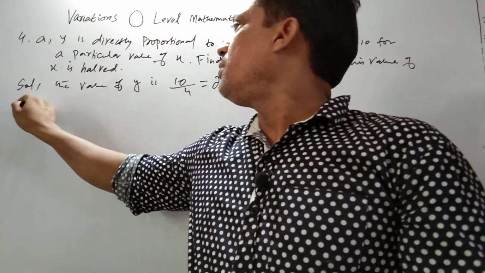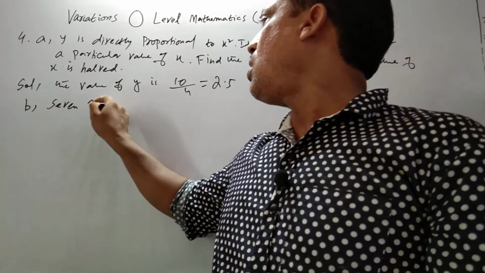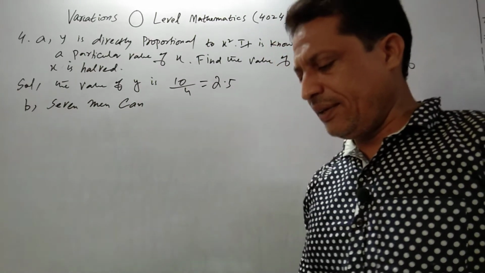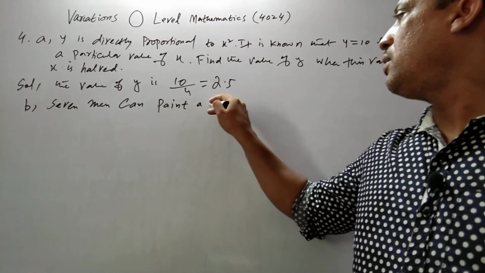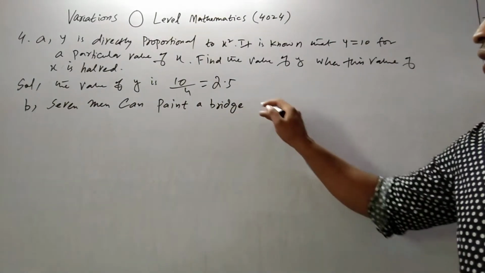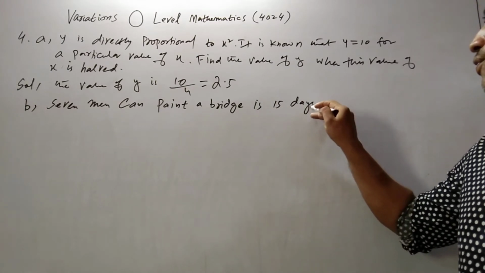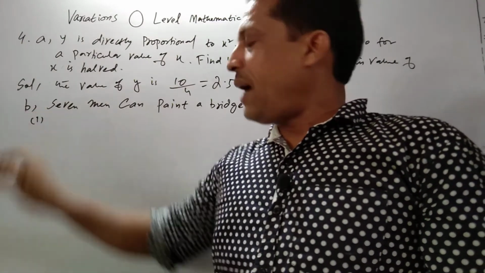Now part B. 7 men can paint a bridge in 15 days. Part 1.